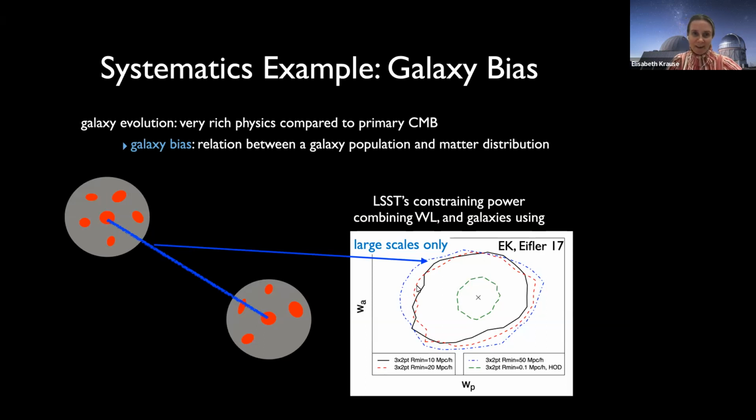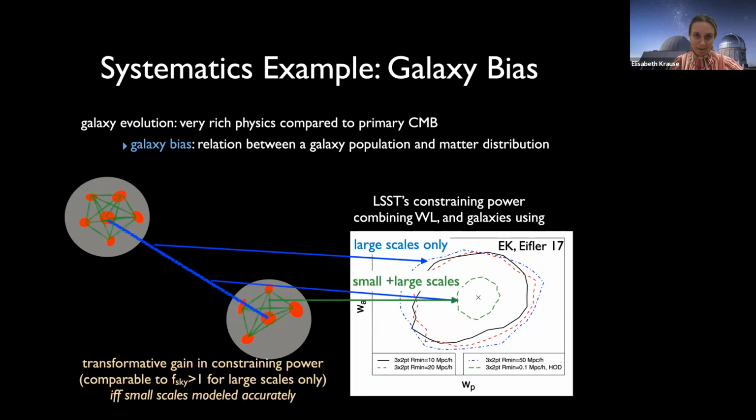If, however, we are ambitious enough to say that we will be able to also utilize small-scale galaxy clustering and sufficiently marginalize over the associated uncertainties, in this case a quite flexible HOD model, then the gain in constraining power may be transformative, as shown by the green contours here.